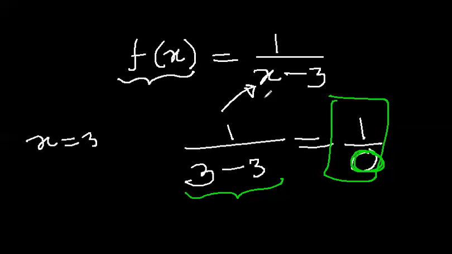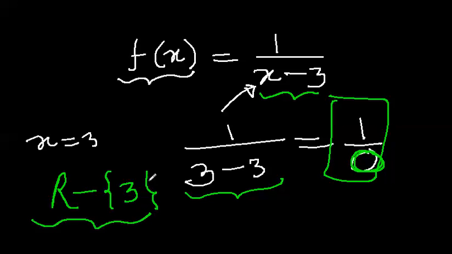So the values for which f of x is not defined are not considered in the domain of this function. If you ask me what is the domain of f of x equals 1 over x minus 3, I'll say it's defined for all the real numbers except 3. The set of all the real numbers except 3 is my answer.